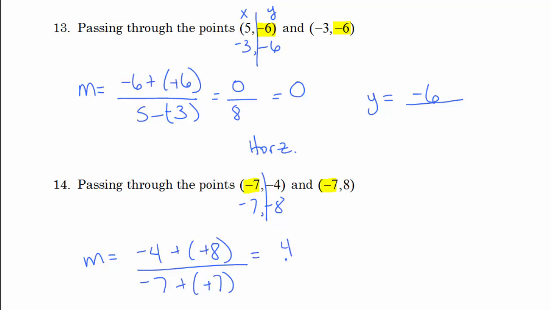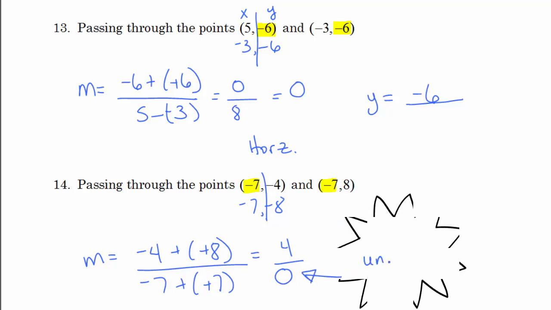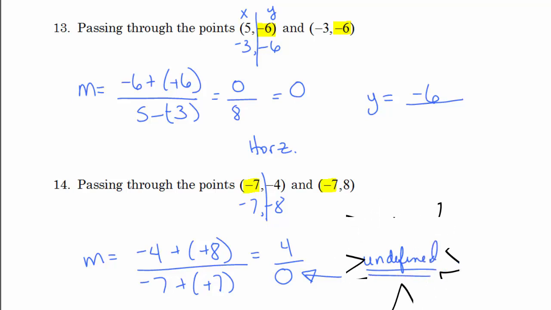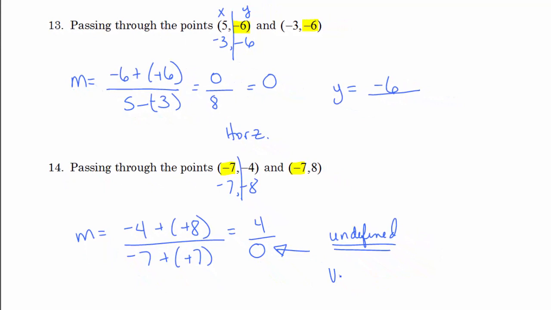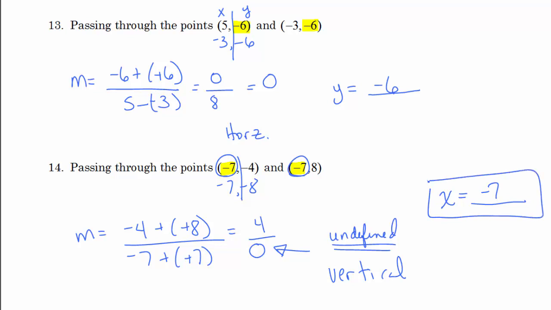I would get 4 on top of 0. 0 in the denominator cannot do. That is undefined. So what kind of line has an undefined slope? Vertical. And all vertical lines are x equals. And what does x equal to? -7.